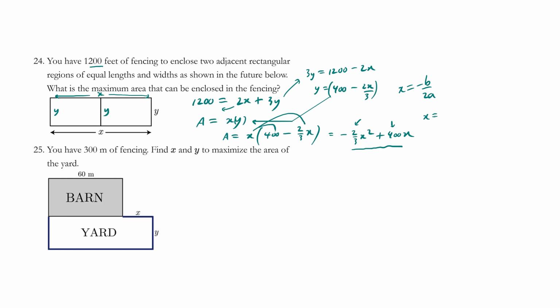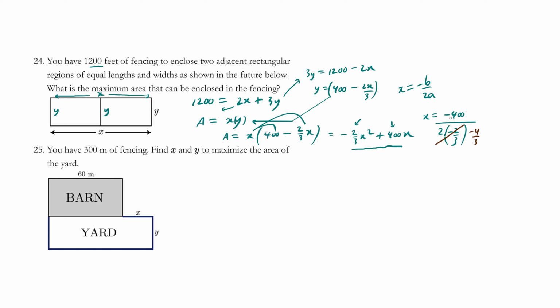So x is equal to negative b over 2 times the a value, which is negative 2/3. 2 times negative 2/3 is negative 4/3.